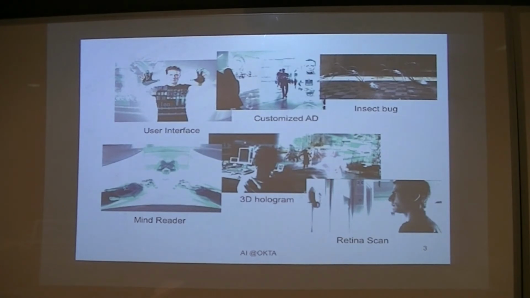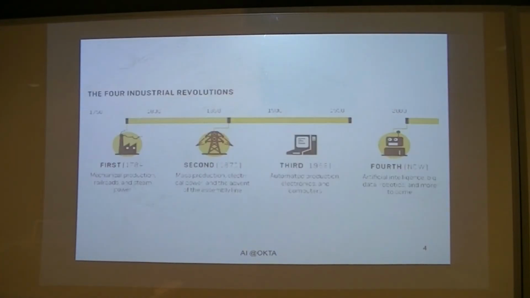Retina scan is really everywhere nowadays, and the mind reader. We are interested in whether such a mind reader to predict the future is doable. Before we start AI, we need to see some history of AI, machine learning, and data mining.